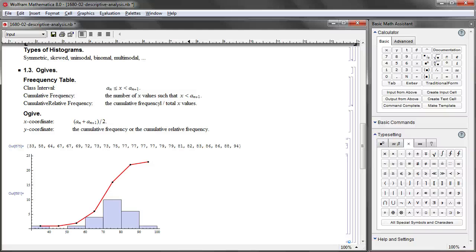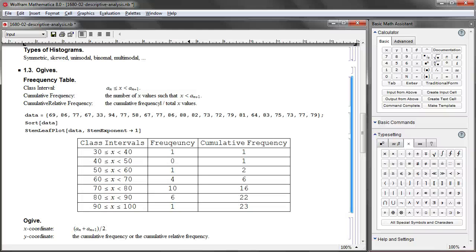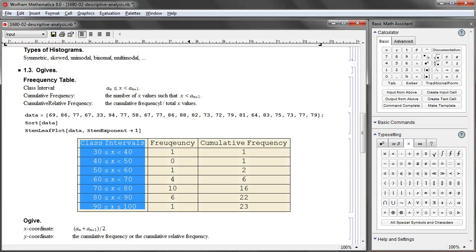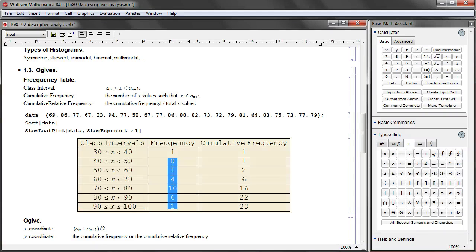And it is given by kind of like this. Well, here's a frequency table which corresponds to class intervals of 30 to 40, 40 to 50, 50 to 60, and so on, and we have those frequencies. And you can measure the cumulative frequencies. Less than 40, there's one. Less than 50, putting all those together, we have 1 plus 0.